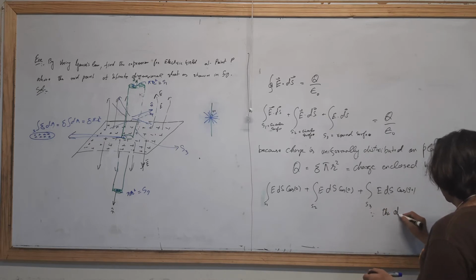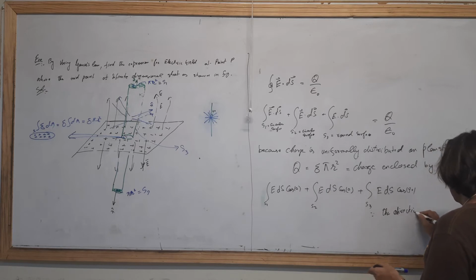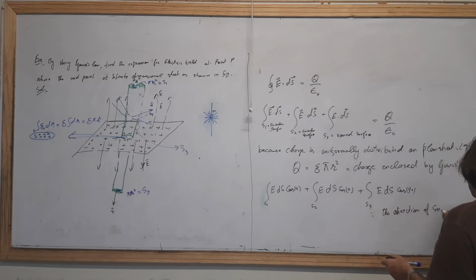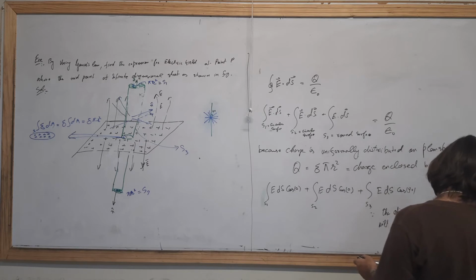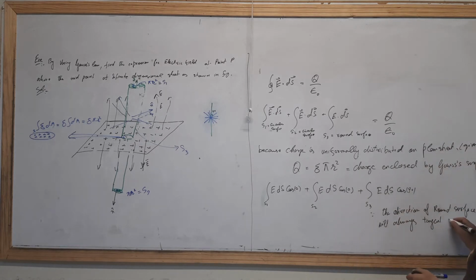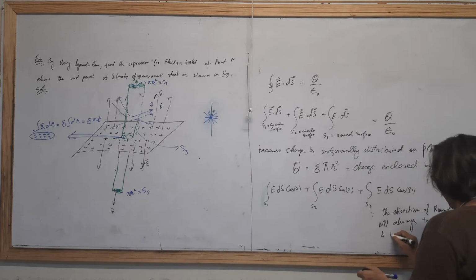The direction of a round surface will always be tangent to its surface and will be radial.